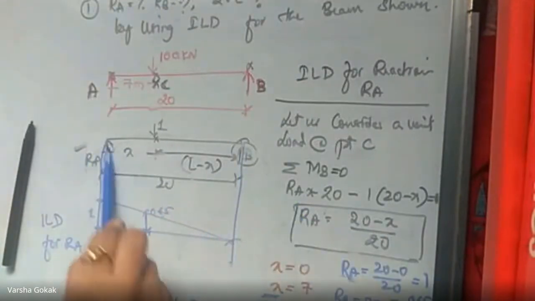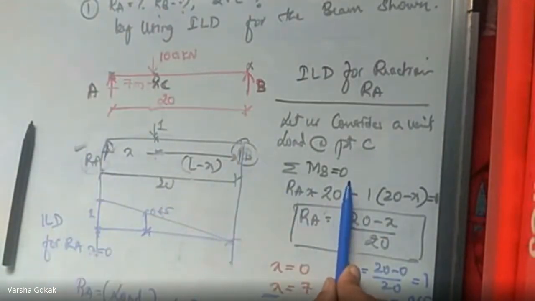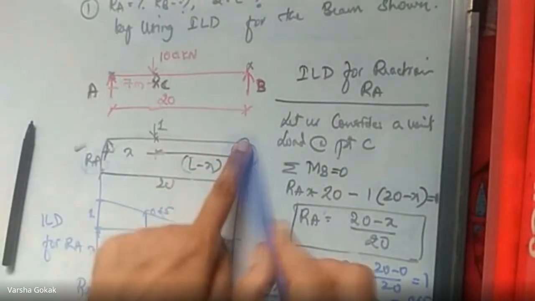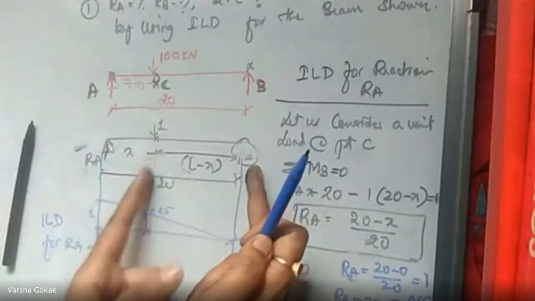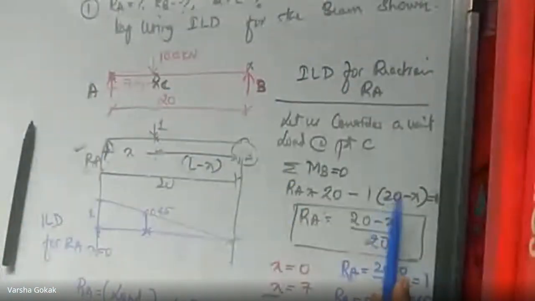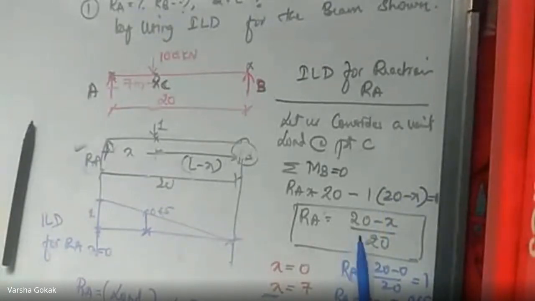Okay. I am drawing for RA. So MB equal to 0 and write the equation for moment at B. So when I'm taking moment at B, RA into 20 minus 1 into 20 minus X. This is your equation. From here, I get a condition for RA, which is 20 minus X divided by 20.